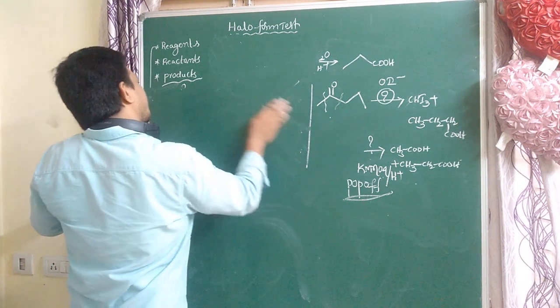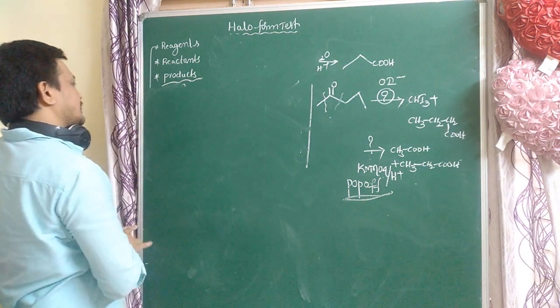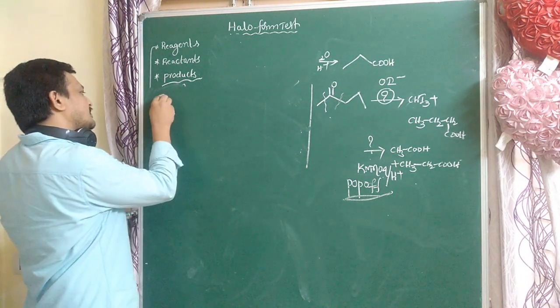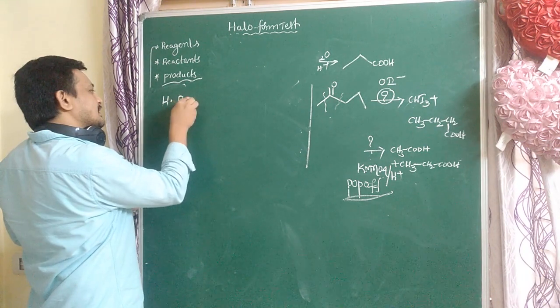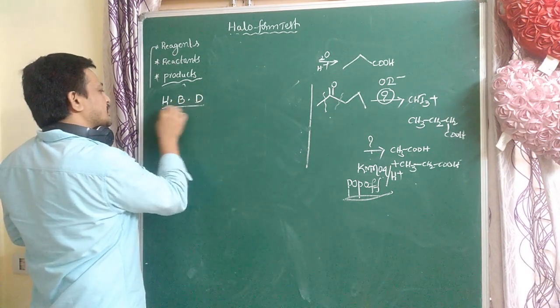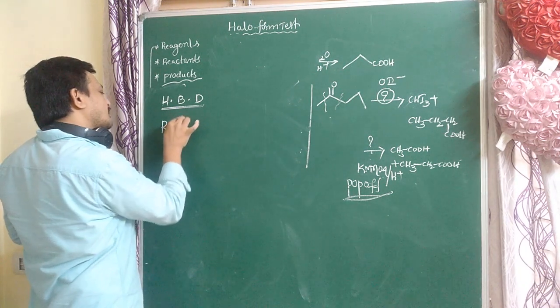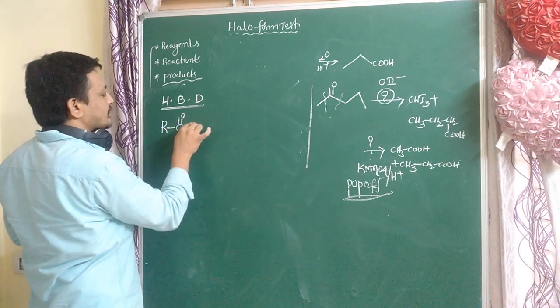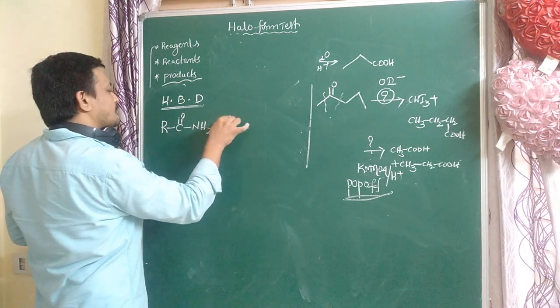Another important one is the Hoffmann bromamide degradation test. Another test is the Hoffmann bromamide degradation test. So this is very important. Amides convert in the presence of Br2 by base.